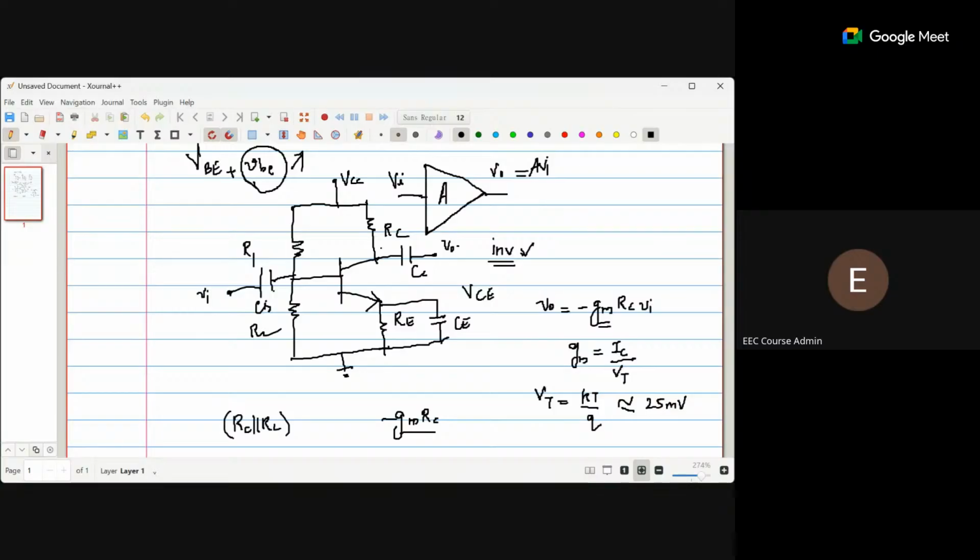So from the collector terminal, RC is connected to ground because VCC is now set to 0. Similarly, RL is connected between this terminal and ground. So RC becomes parallel with RL, and the gain becomes minus gm RC parallel RL in that case. Okay. Got it.